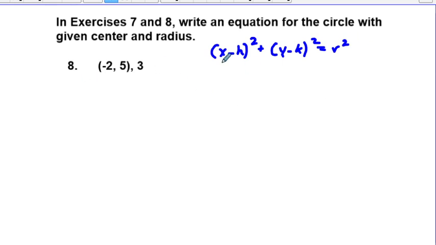So basically what you have is an equation for a circle where h is equal to negative 2 and k is equal to 5.